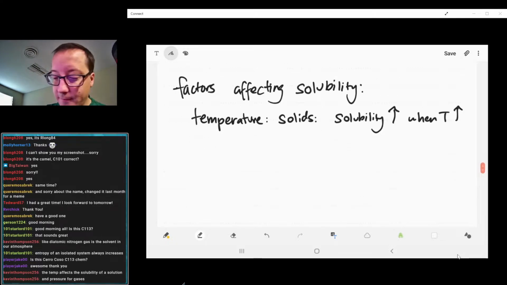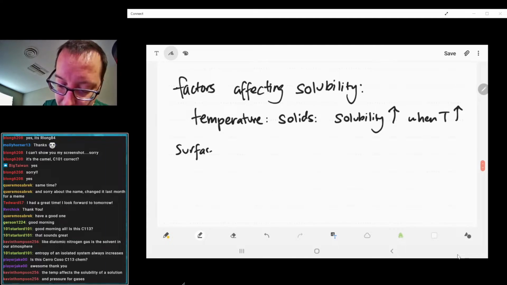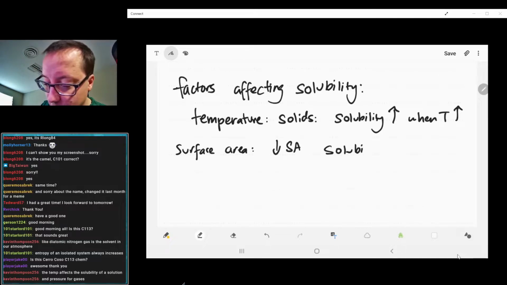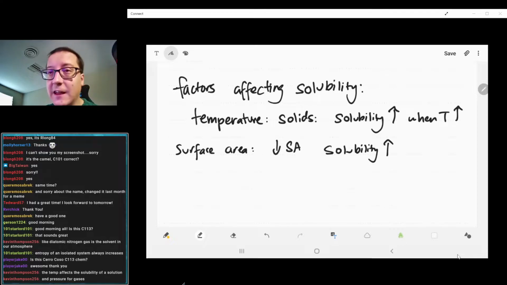So that's one thing. We also know that surface area can affect the rate of dissolving as well. We're going to see that if we decrease surface area, we're going to increase solubility. If I take rock candy and try to dissolve that in my coffee versus granulated sugar or powdered sugar or superfine sugar, we're going to see that the finer, the smaller those crystals are, the faster they're going to dissolve.